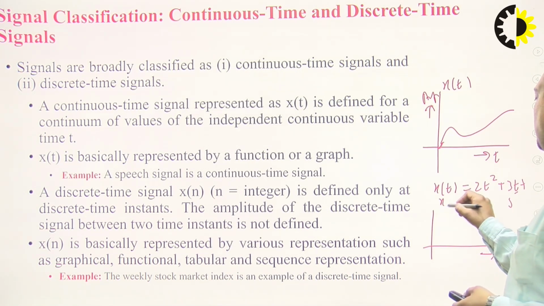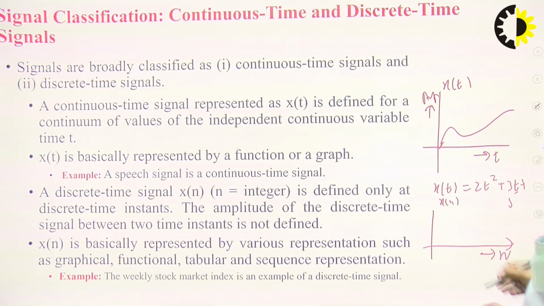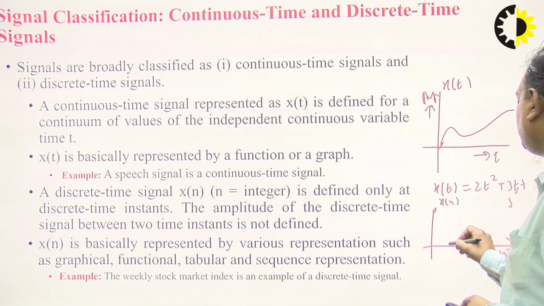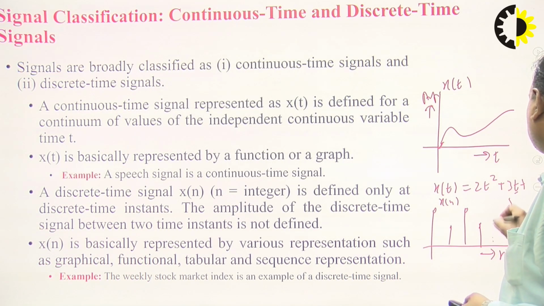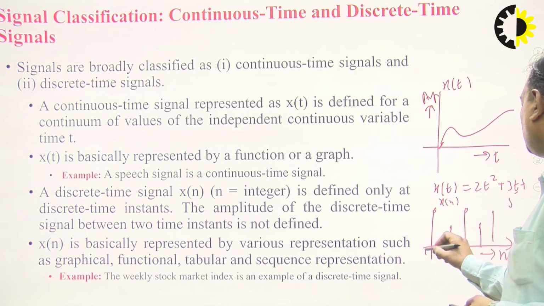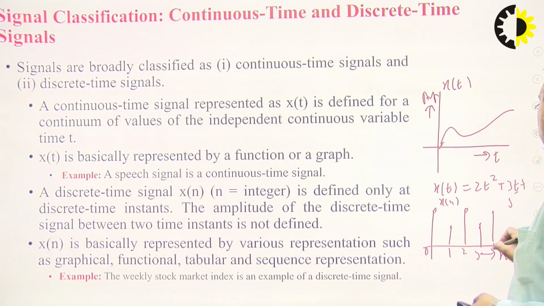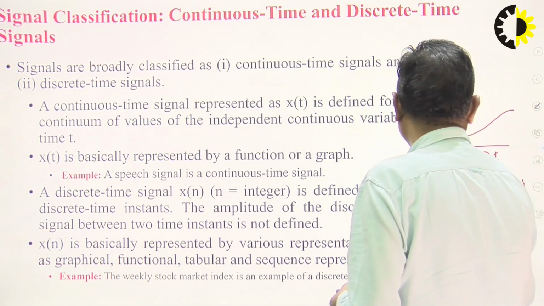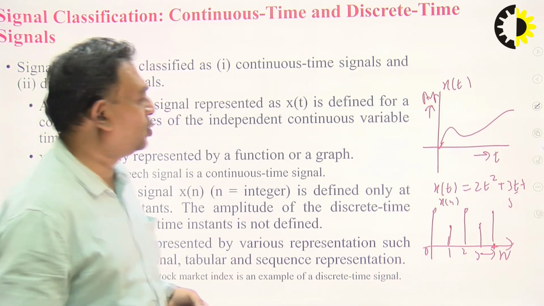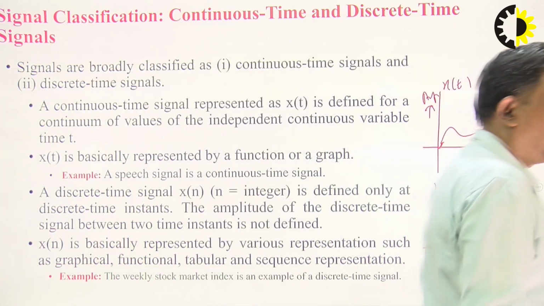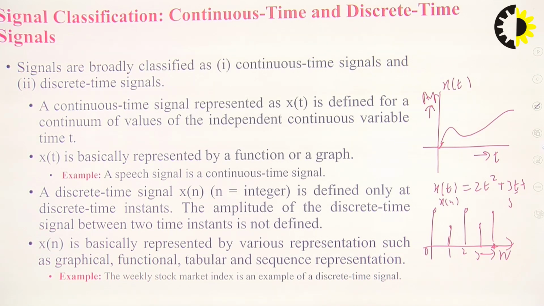If we draw x(n), it is basically discrete, defined only at discrete time instants like 0, 1, 2, 3, 4. The value of x(n) is only defined at n equal to 0, 1, 2, 3, 4 and so on, and between 0 and 1, between 1 and 2, and between 2 and 3 the value is not defined.